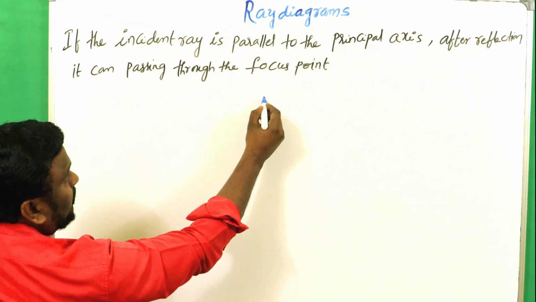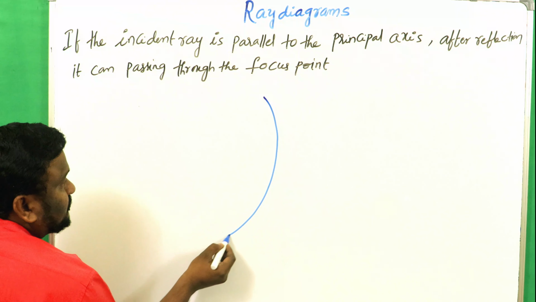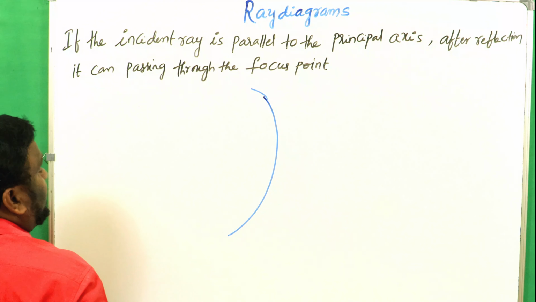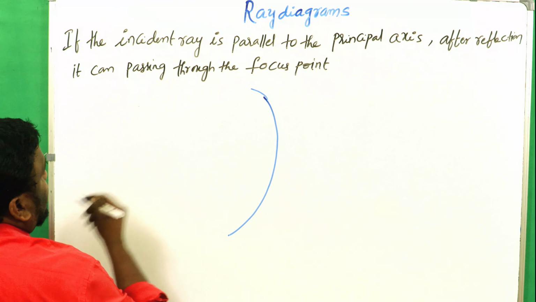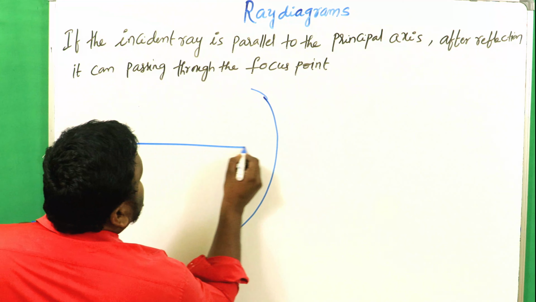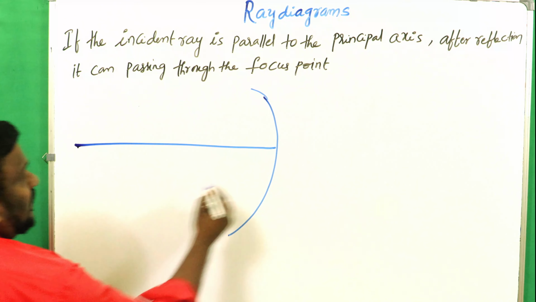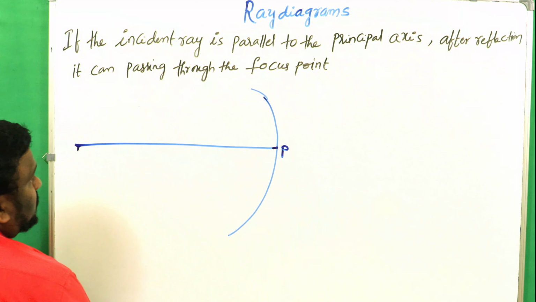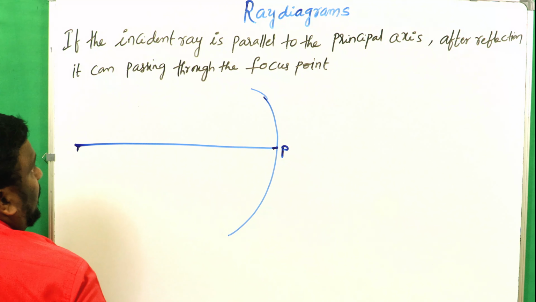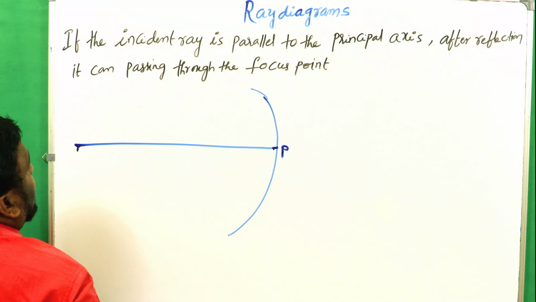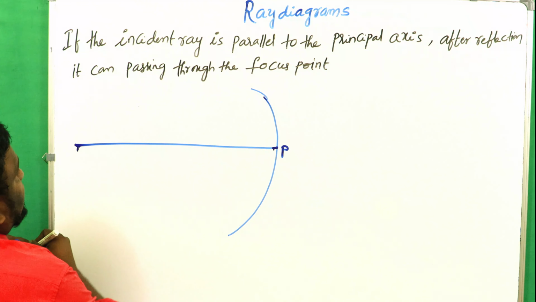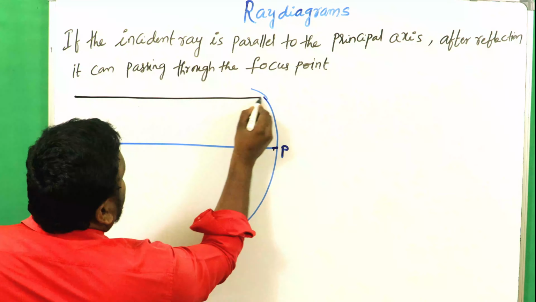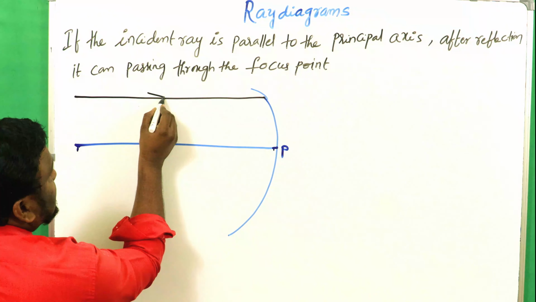This is the concave mirror. I am showing here the principal axis, and this is the point, the midpoint of the mirror, which we call the pole. This ray is parallel to the principal axis.